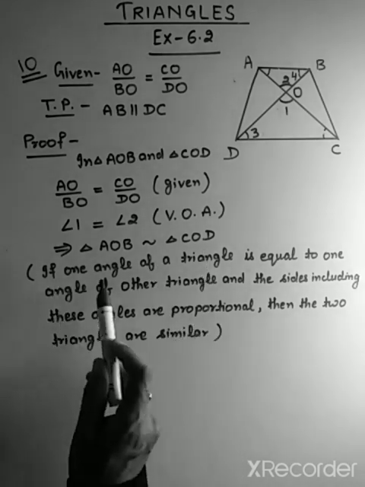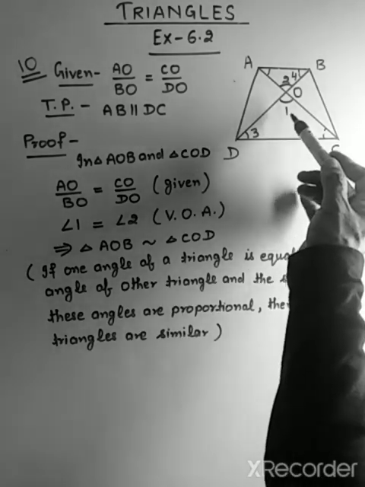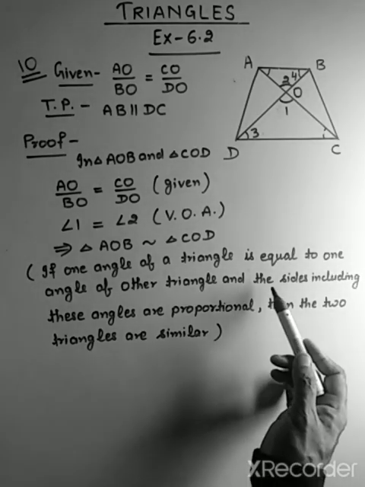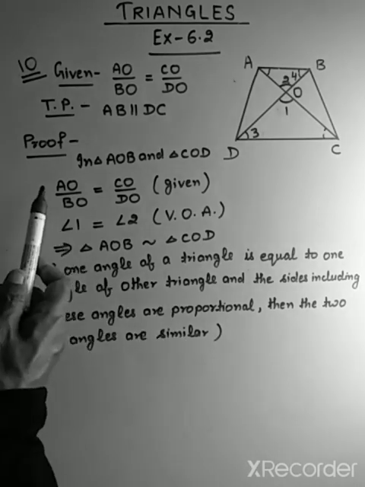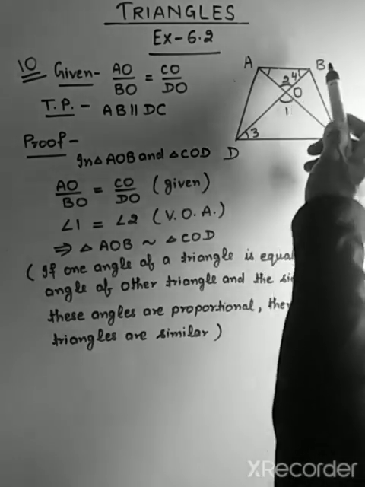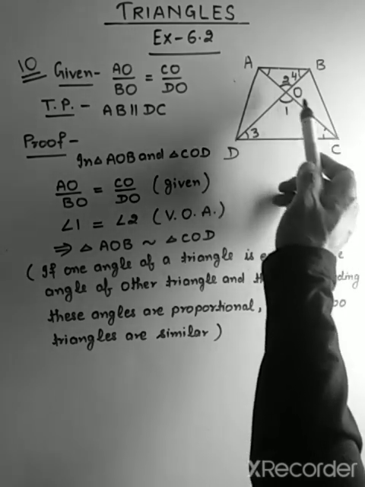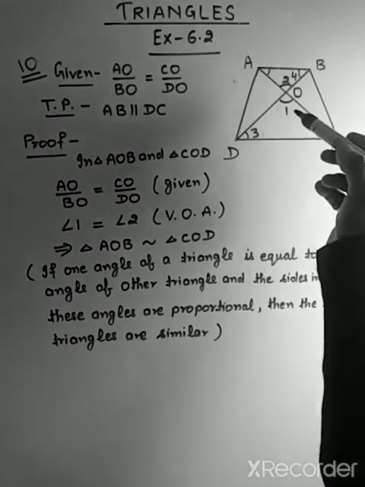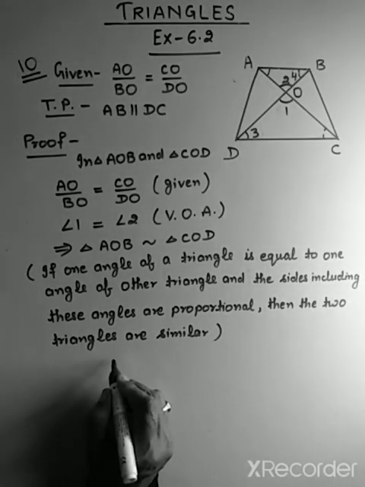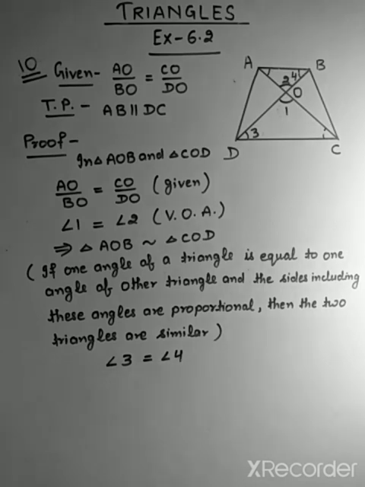Because if one angle of a triangle is equal to one angle of another triangle, that is angle 1 equals to angle 2, and the sides including these angles are proportional, that is AO upon BO equals to CO upon DO, then the two triangles are similar.